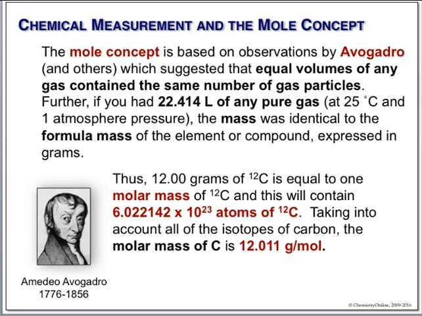We've done that. When you add in all the isotopes, you get the number that's shown here for the mass on the periodic table, and that's about 12.01. So just for average mixed carbon isotopes, if you have 12.01 grams, you have 6.02 times 10 to the 23rd carbon atoms.